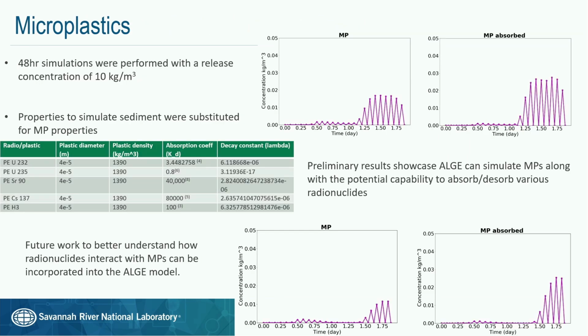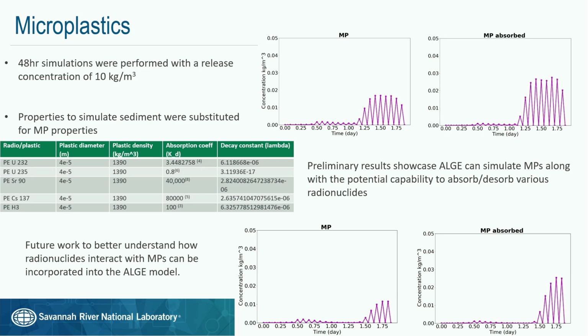To simulate microplastics in algae, we substituted the sediment properties in algae with microplastic properties. In this case, we replaced sediment density and diameter with microplastic density and diameter. We also utilized absorption coefficients, desorption coefficients, and decay constants of various radionuclides, which you can see in the table here from the literature.